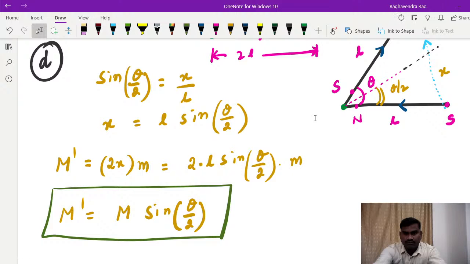So the two parts make an angle theta with each other. Based on the value of theta, whether 30 degree or 60 degree or whatever angle we take, we can substitute here and get the corresponding magnetic moment of the bent bar magnet.